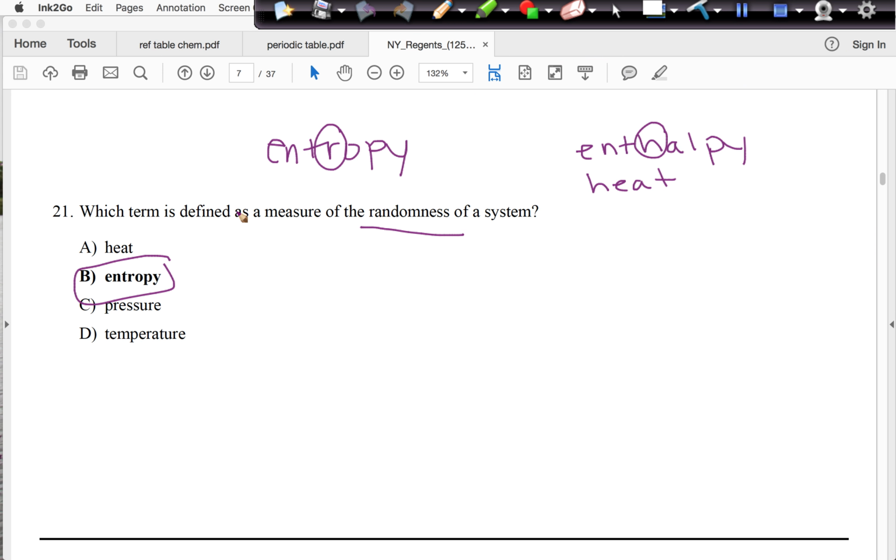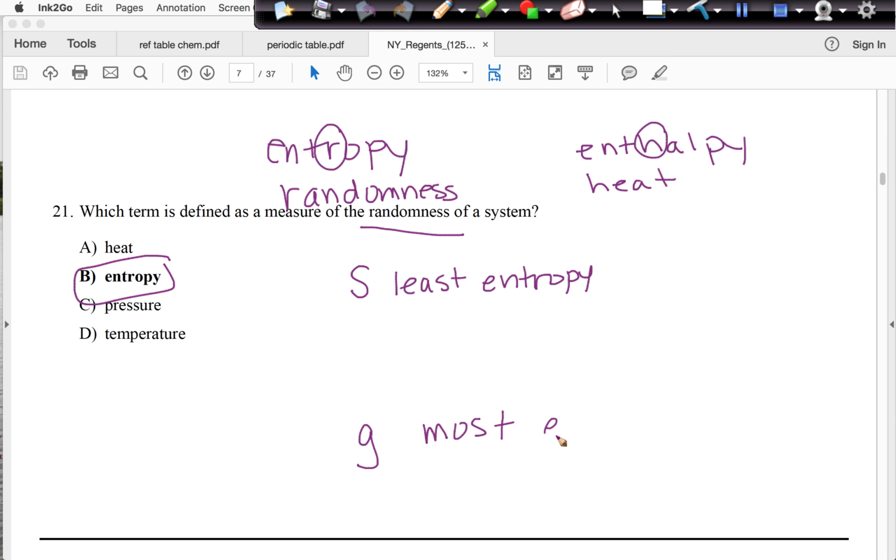So entropy, the R tells us that it is randomness. Enthalpy, the H tells us heat. Now remember, for randomness, solid has the least entropy. Gas has the most entropy, and liquid is in between.